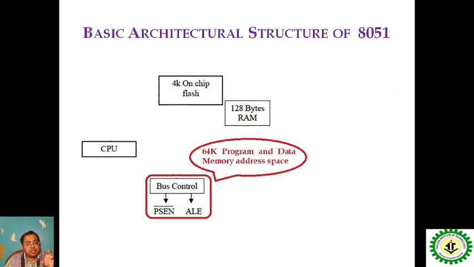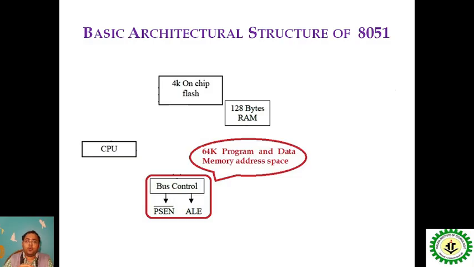For that externally interfaced memory, the 8051 microcontroller has a 16-bit address bus as well as an 8-bit data bus. Through this 16-bit address bus and 8-bit data bus, the 8051 microcontroller can interface 64 kilobytes of program as well as data memory address space. That means it can externally interface 64 kilobytes of program memory as well as data memory.